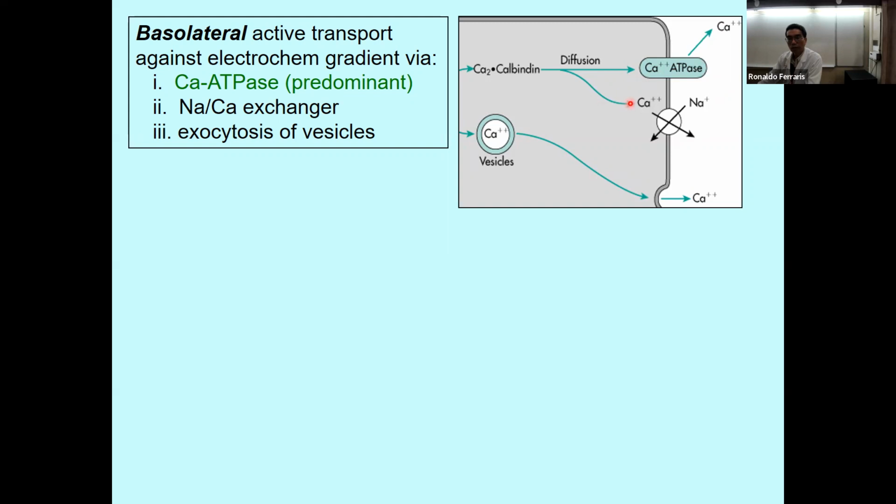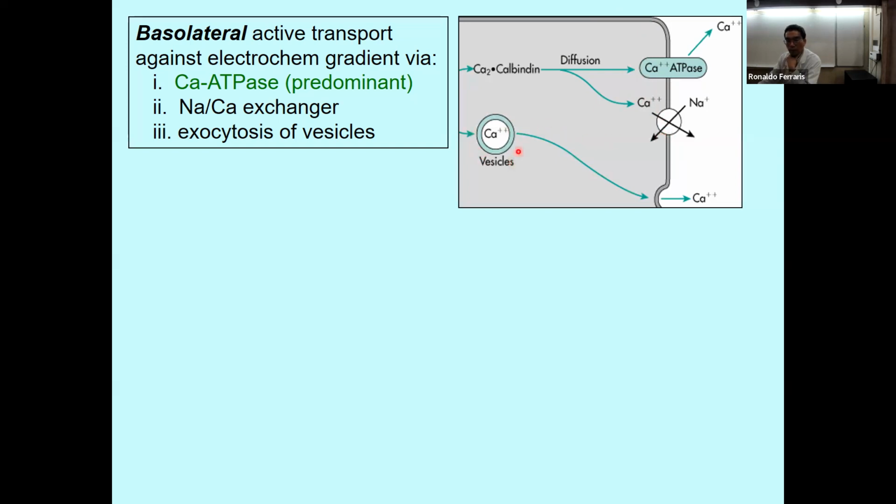Calcium can also exit via the sodium-calcium exchanger, using the sodium gradient as its method of spending energy. So calcium transport across the basolateral membrane is energetically expensive.